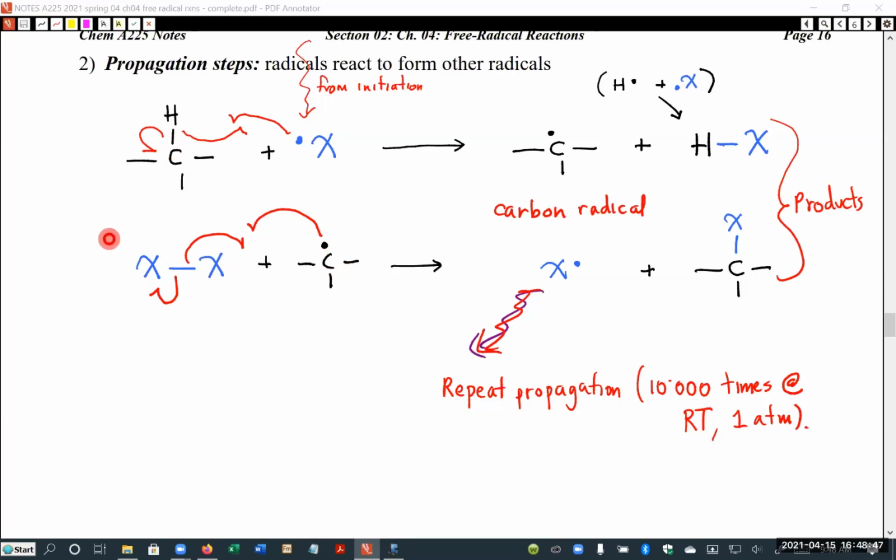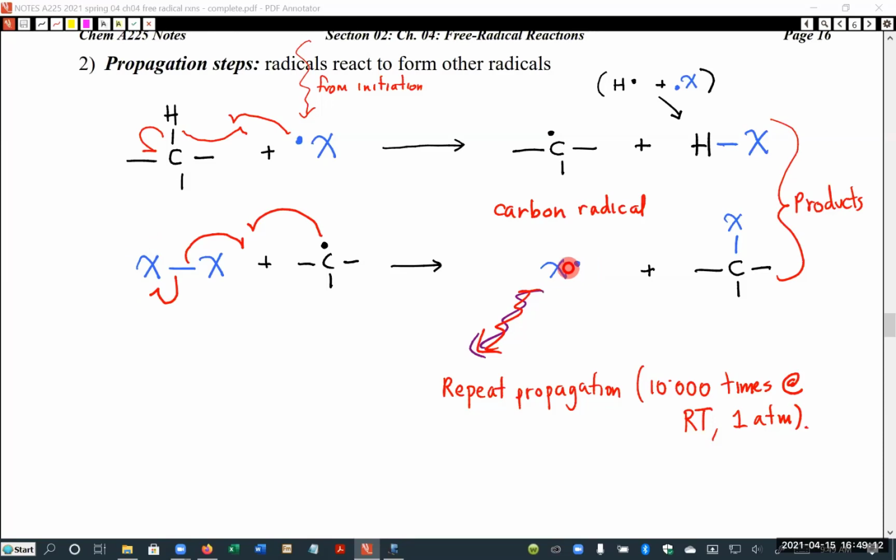So the only other molecule that we have in a large quantity is our halogen. So it's going to find a different halogen from the one that broke apart. It's going to pull an electron out of that, pair it up with the electron from the halogen, forming CX, which is our product, right? Carbon to halogen, and then another halogen radical.